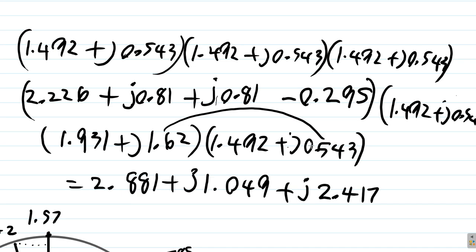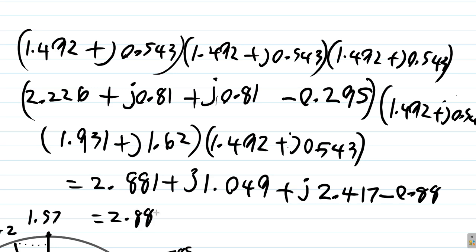Then j times j is negative 1, so it ends up negative: 1.62 multiplied by 0.543 equals 0.88.